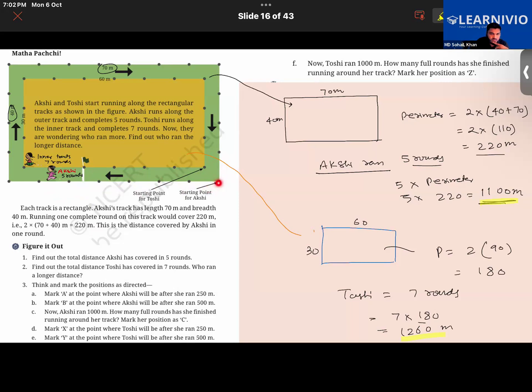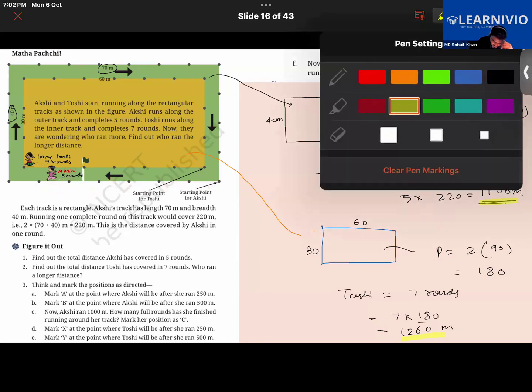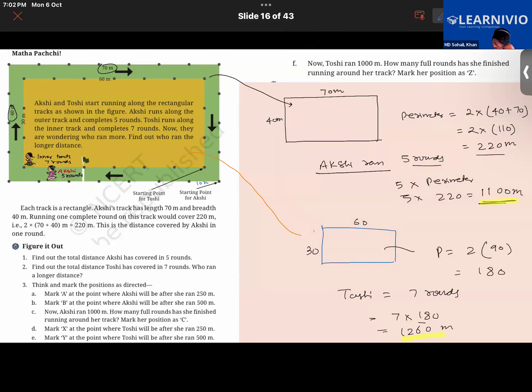Now this total length is 70 meter and the breadth is 40 meter. And it is divided into how many portions? 1, 2, 3, 4, 5, 6, and 7. So it's like 10 meter, then again 10 meter, next 10 meter. Understood it now?